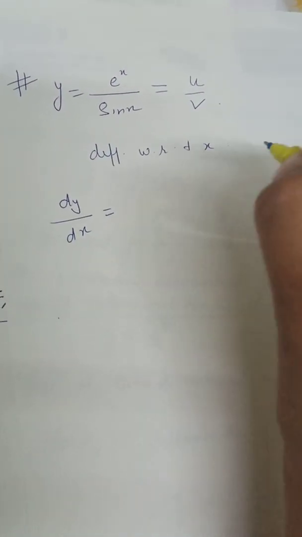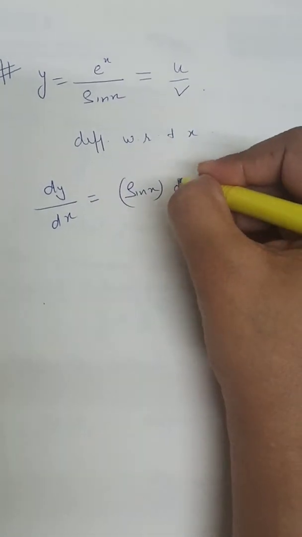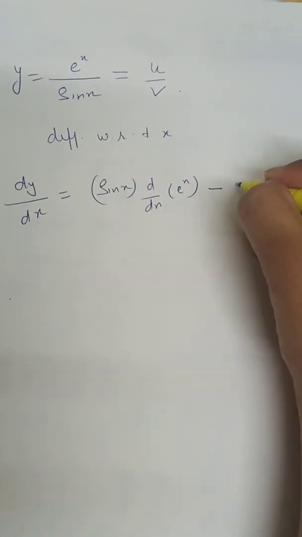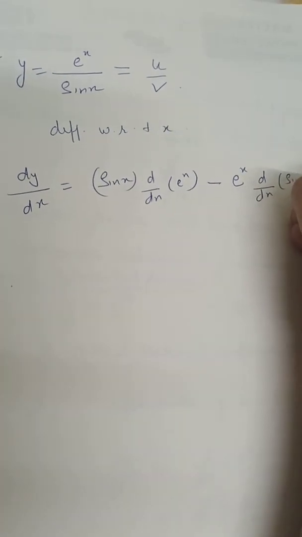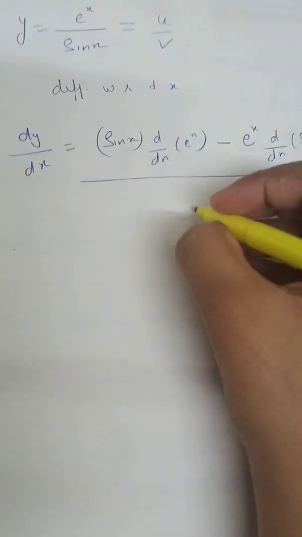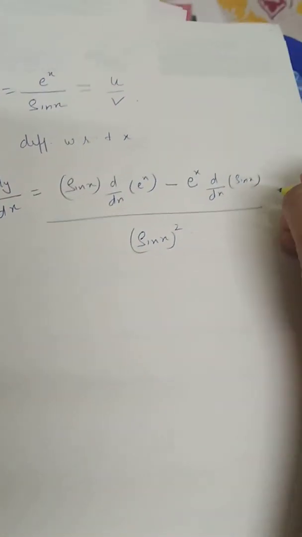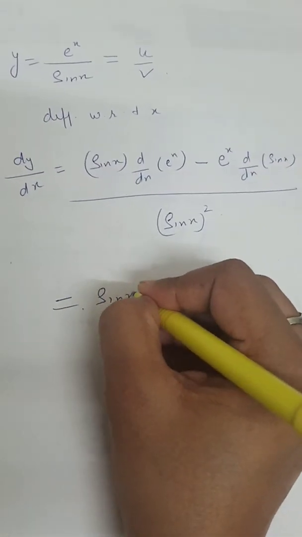Now apply the quotient rule. Second function as it is, derivative of first function, minus first function as it is, derivative of second function, upon square of second function. sin x as it is.